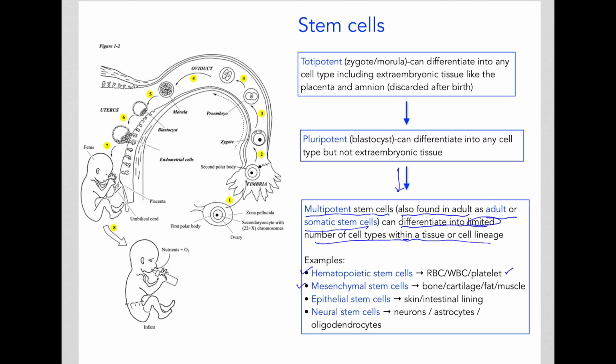We have the mesenchymal stem cells that can differentiate into cells of the bone, cartilage, fat, or muscle. We have the epithelial stem cells that can differentiate into epithelial cells, such as the epithelium of the skin, as well as the epithelial lining of the GI system. And then we have the neural stem cells that can differentiate into neurons, astrocytes, and oligodendrocytes.